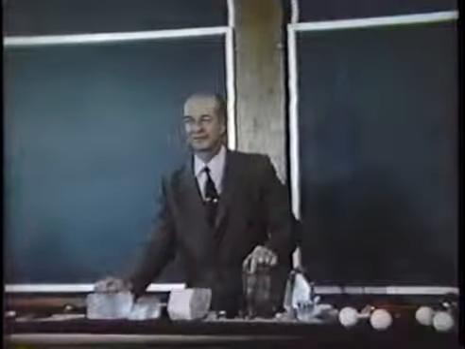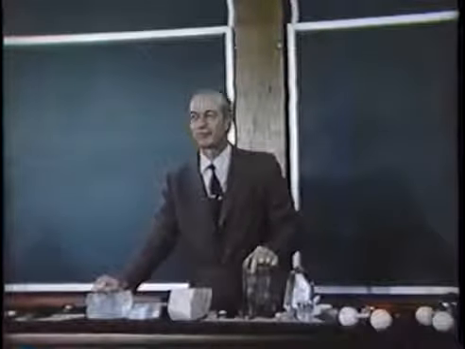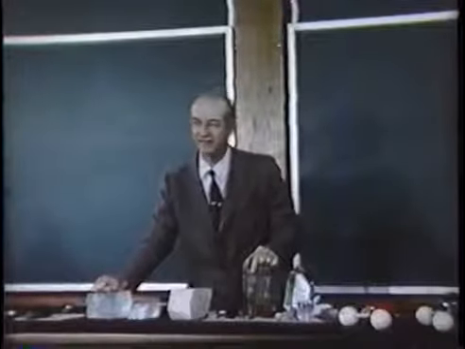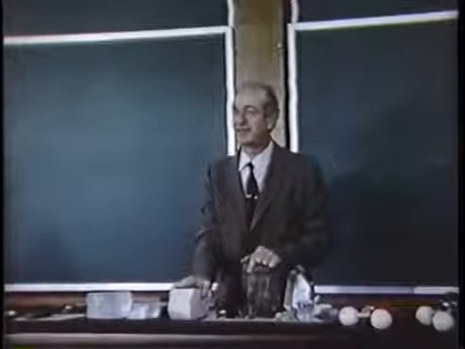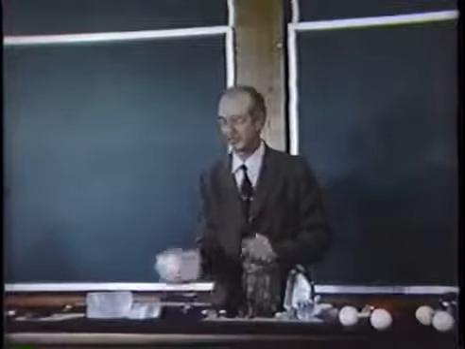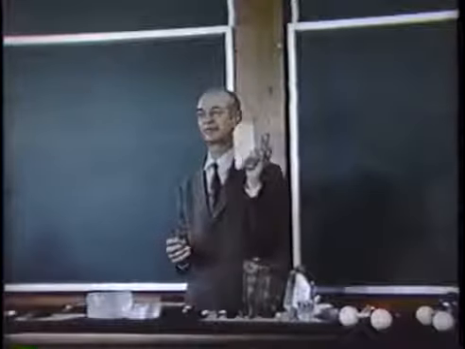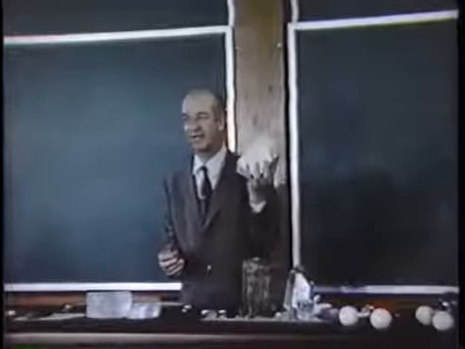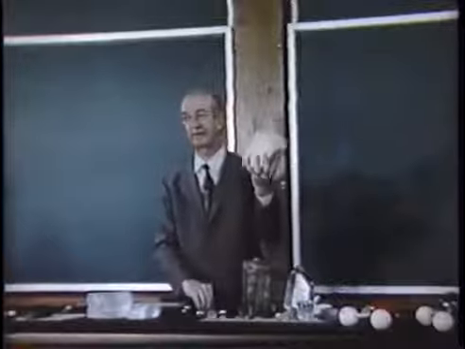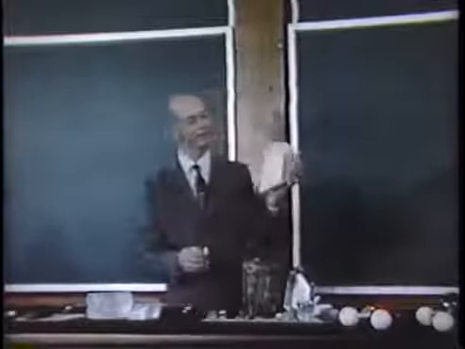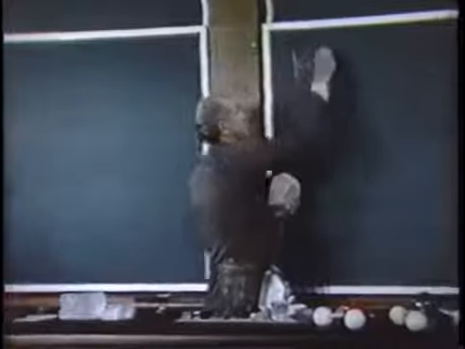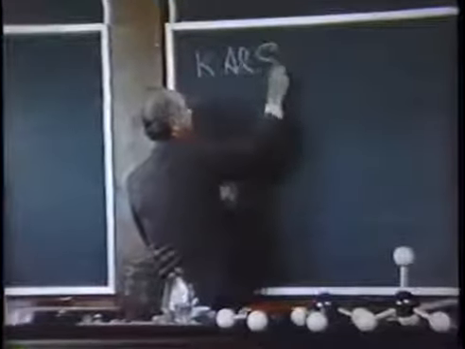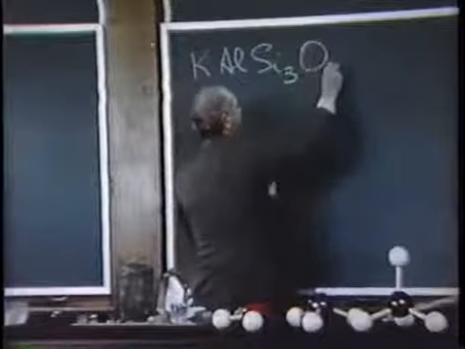Another interesting example of correlation between structure and properties that we now understand really essentially completely is provided by the silicate minerals. Here I have a natural crystal of feldspar, orthoclase feldspar. The formula of this feldspar is KAlSi3O8.